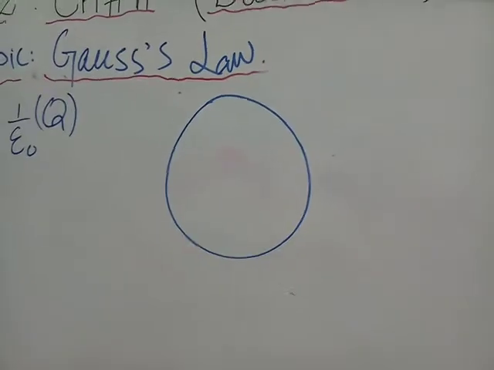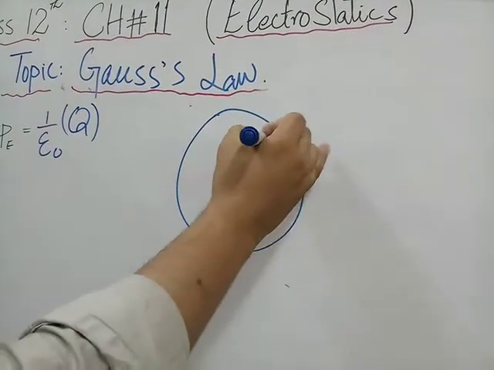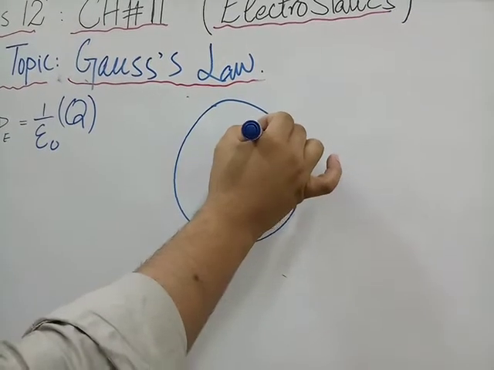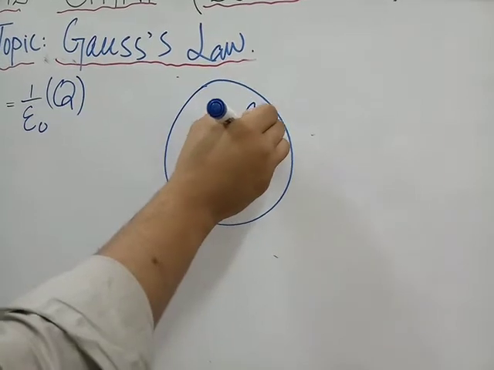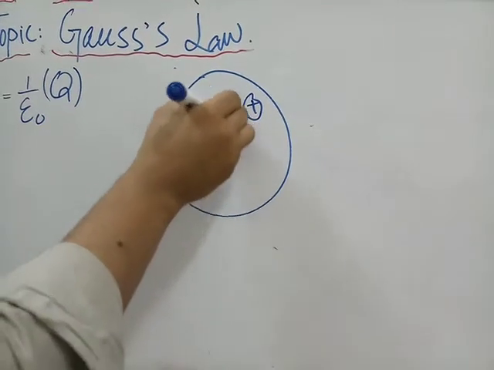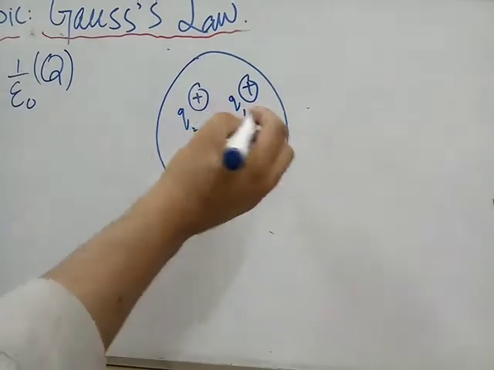we have a closed surface and charges distributed inside it. This is q1, a positive charge, this is q2, and we have n number of charges inside this closed surface.